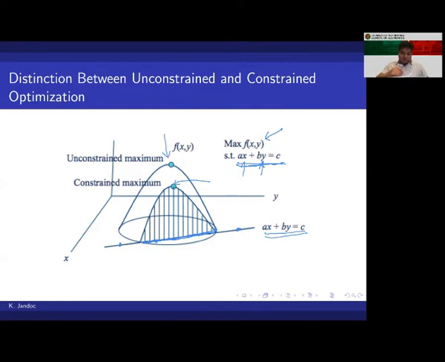So here we have x star, y star, right? So x star and y star maximizes this larger dome, so to speak. But now we have this constraint over here, and x star, y star may not be feasible, or may not satisfy the constraint.